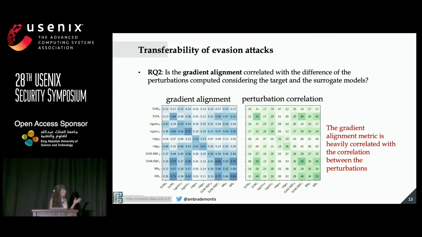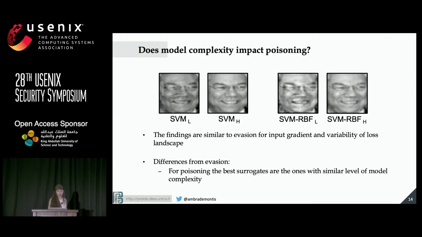In this experiment, we have devised also the gradient alignment metric with a linearity assumption. So we can see that in these matrices, there is a strongly common pattern, so the measures are basically correlated.